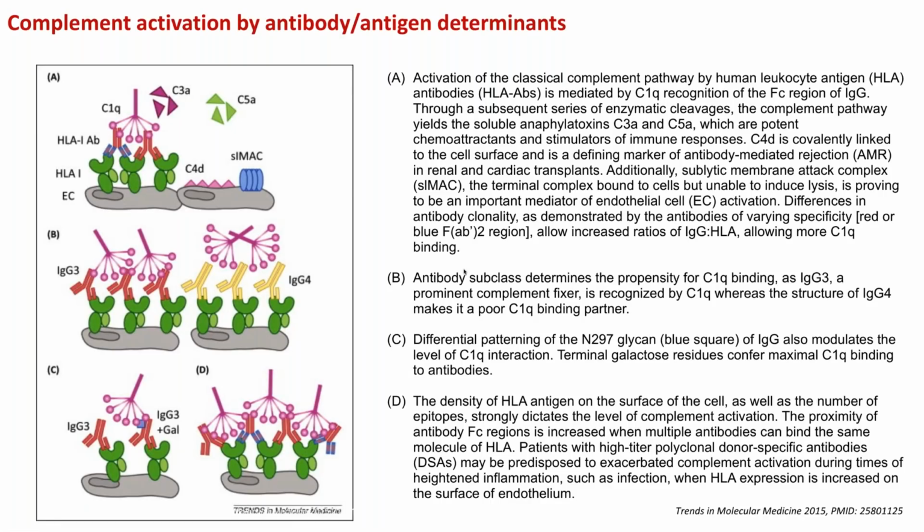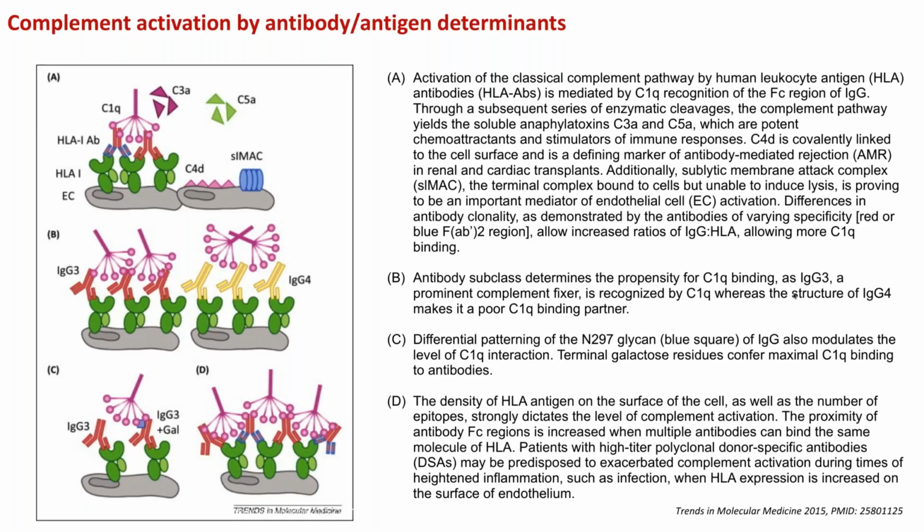Okay, so antibody subclass determines the propensity for C1q binding. So not every antibody binds to C1q. If C1q is the trigger, then not every antibody binds to C1q in an equal fashion. Say, for example, IgG3 is recognized by C1q, whereas IgG4 is a poor C1q binding partner. In fact, this is a French study.